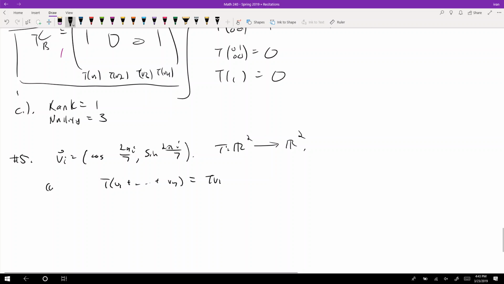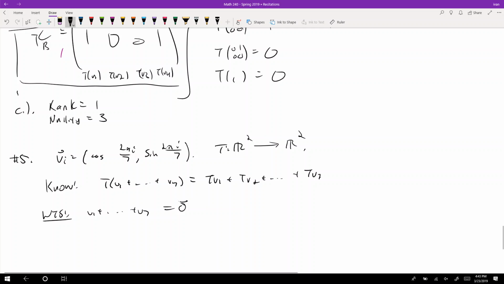Sorry, you know that it's linear. So now we want to show that V1 plus ... V7 is equal to the 0 vector.